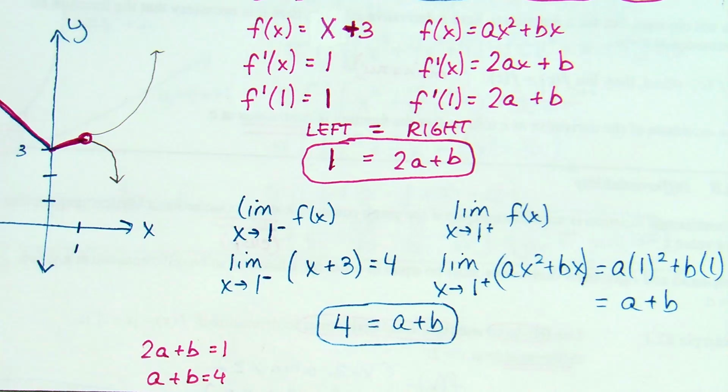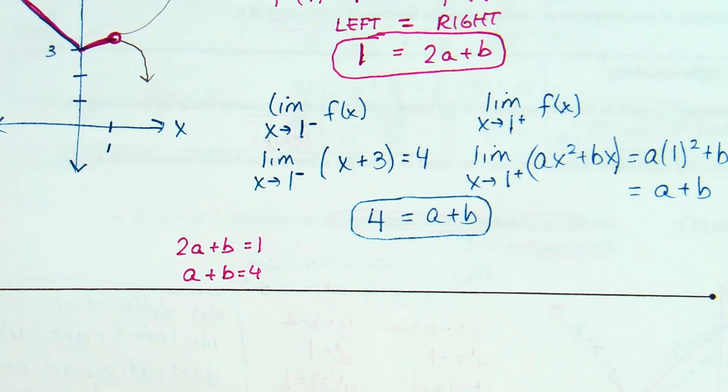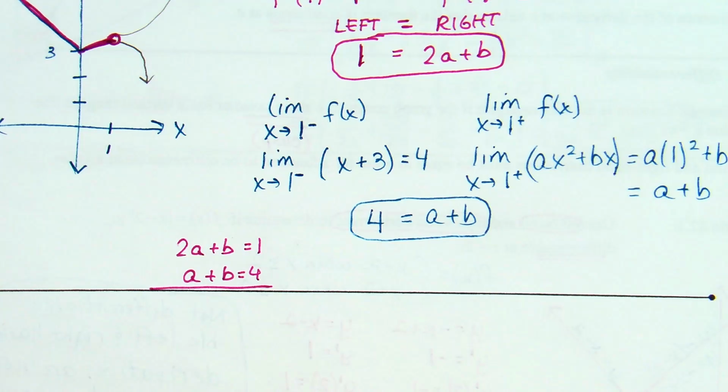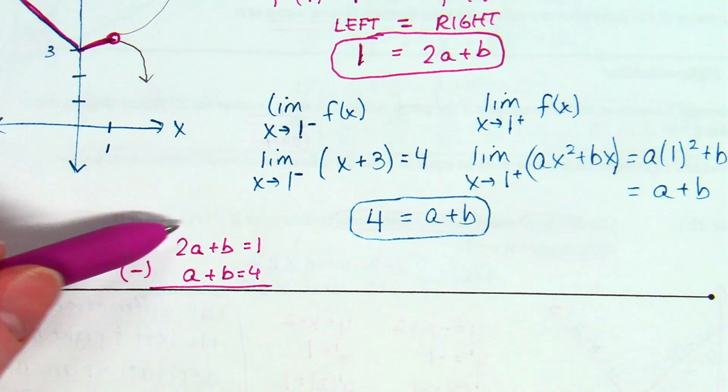The idea is we have two equations here. 2a plus b equals 1, a plus b equals 4. My brain sees elimination here. Nathan's brain saw substitution. Here's the deal. You're both going to get to the right answer. That's all that matters. So, Trevor, I would subtract these. 2a minus a is 1a.